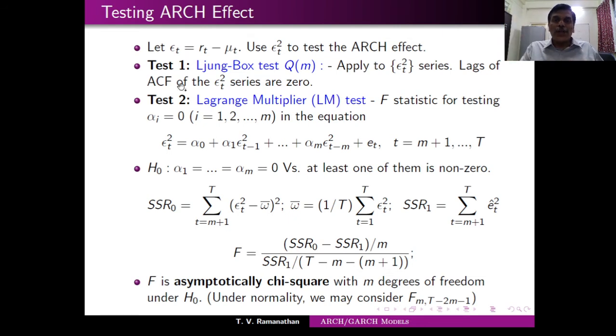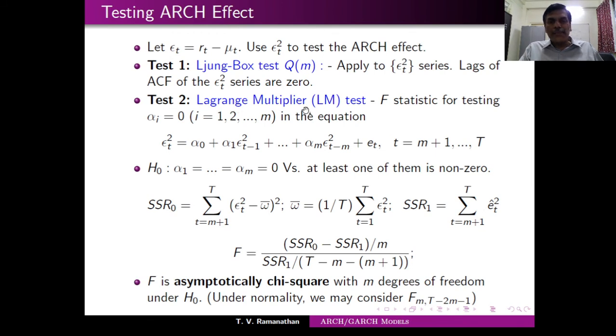You apply it to this series, which is the square of the given series itself, provided mu t is not there. If mu t is there, you do the mu t estimation or modeling and subtract it to get epsilon t. What we are saying is that the lags of the epsilon t square series are 0. That is what we were investigating.